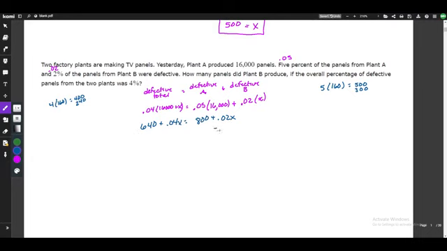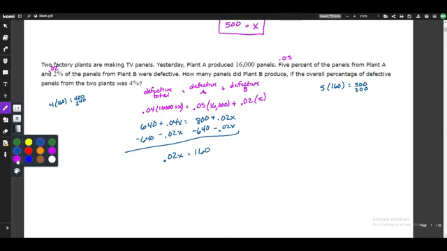Get the x's on one side and the plain old numbers on the other. I'm going to subtract 0.02x from both sides, which means my x is going to be on the left, which means I get rid of the plain old number. So minus 640 over here. Whatever I do on one side, I have to do on the other. And this will give me 0.02x equals 160. Dividing by 0.02.